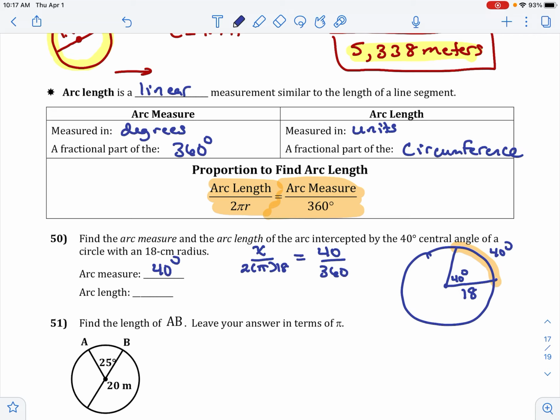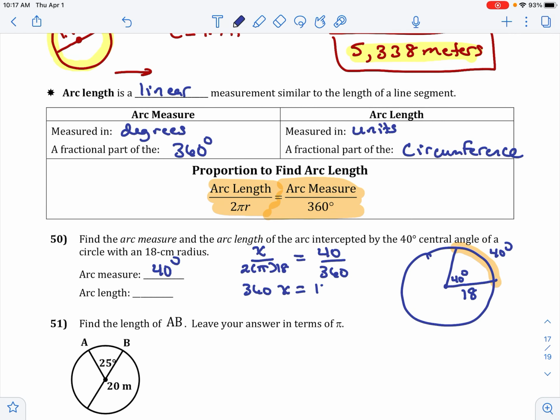There's always 360. Now we'll do some cross products. So we have 360x equals, and I'm going to leave this in terms of pi, so I'm going to multiply the 40 times the 2 times the 18. And 40 times 2 times 18 is 1,440 pi.